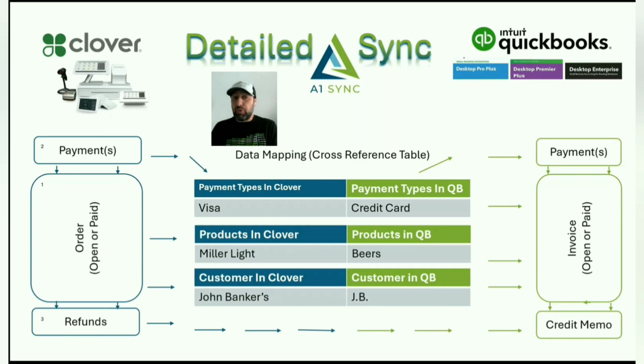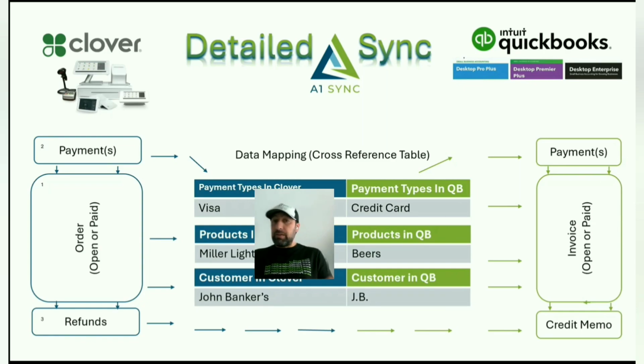So we have no problem if you are splitting payments, you the merchant, right? So if it takes more than a couple of payments to close out an order, it will reconcile because each payment is related to that order, right? It references it. And so when it makes it all the way to QuickBooks, the same thing happens.